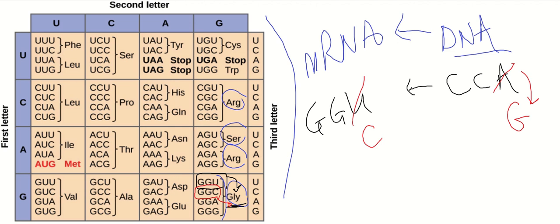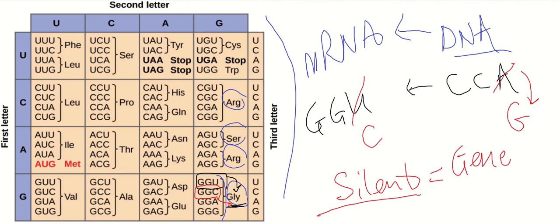This is called a silent mutation. Silent mutations are mutations on DNA that have no effect on the protein. So it's like nobody knows about it. It's called silent. They're only possible because of the genetic code.